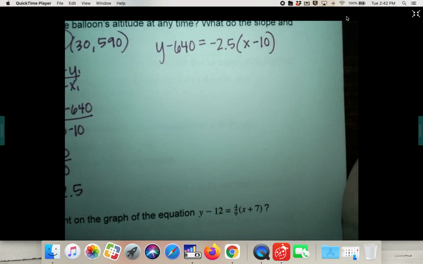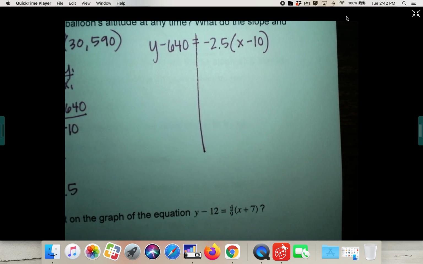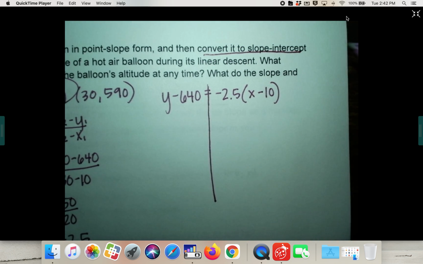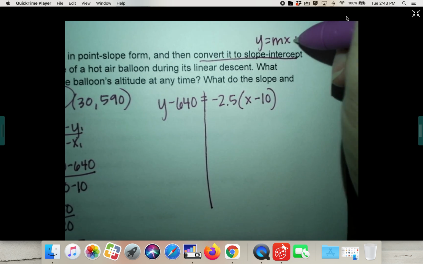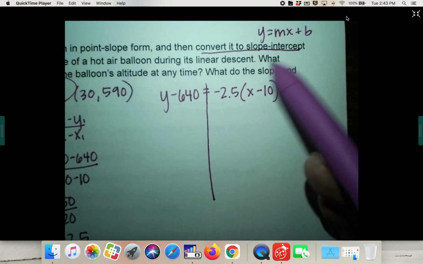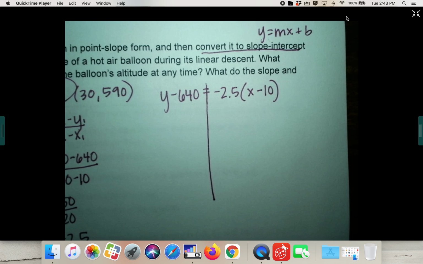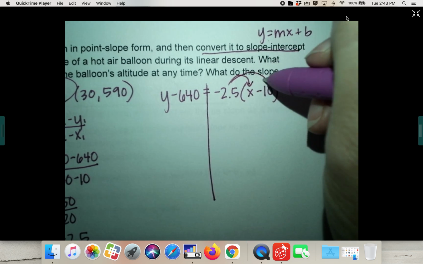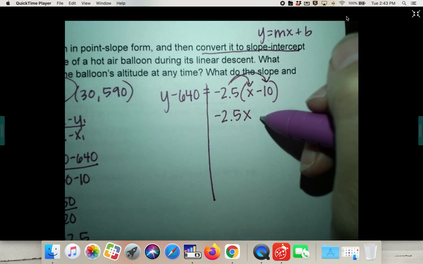All right, here's where it's new this time. I need to solve it. And the reason I'm solving it is because I'm converting it to slope-intercept form. In case you forgot, slope-intercept form is y equals mx plus b. So I need y by itself, just like it is up here. So I need to move things around to get y by itself. So I'm going to start by distributing. Negative 2.5 times x is negative 2.5x.